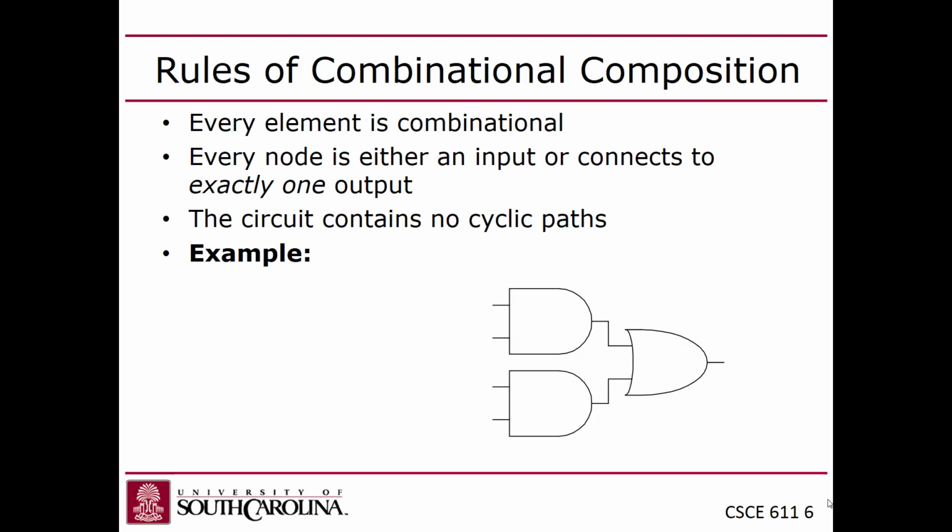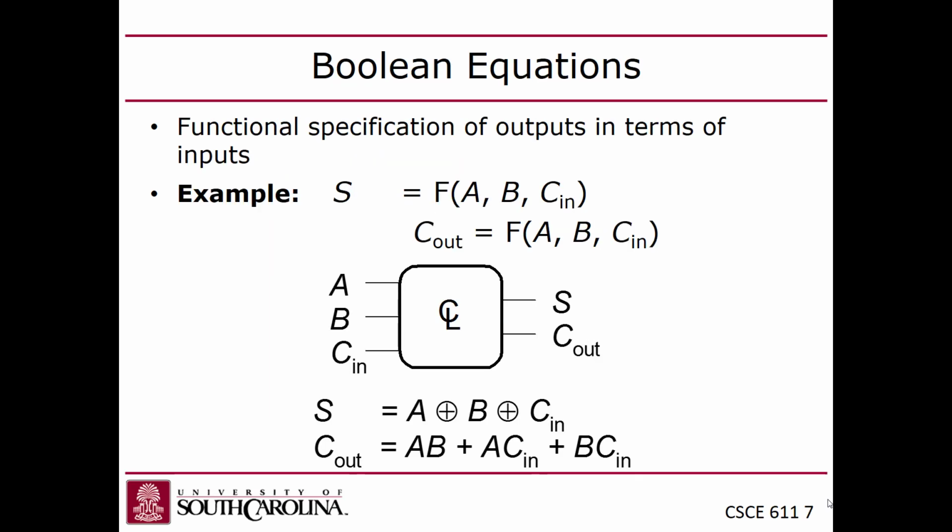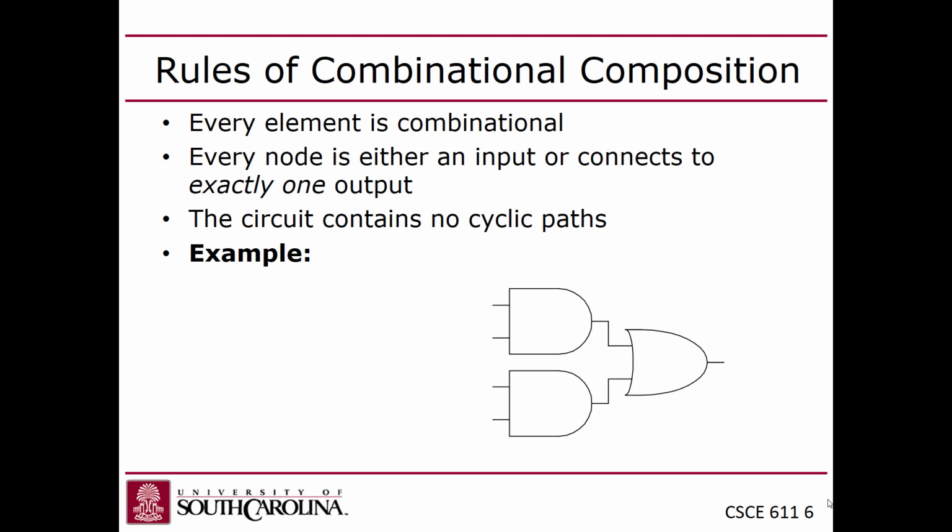Now, one of the weird things about combinational logic, though, is that even if you have only logic gates inside of a logic circuit, it's assumed that there's no cyclic paths, that none of the outputs of any of those gates feed back to inputs that could possibly affect that output. Make sense?